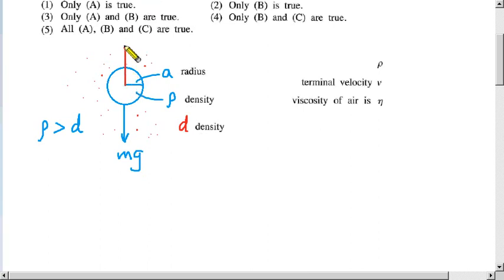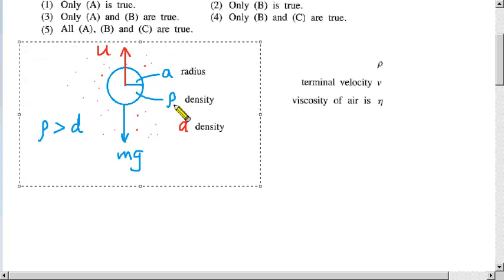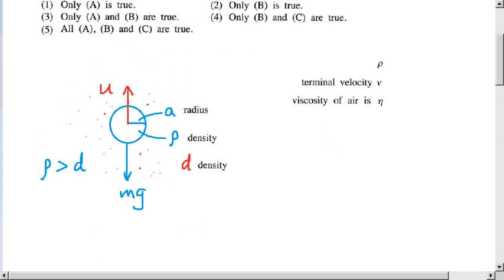Capital U, upthrust, because it is in a medium, here water. If it is in water, normally you know upthrust is acting on this object.